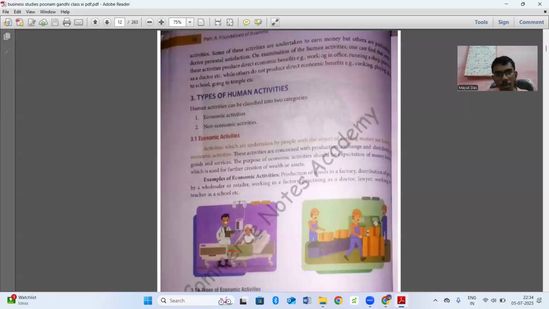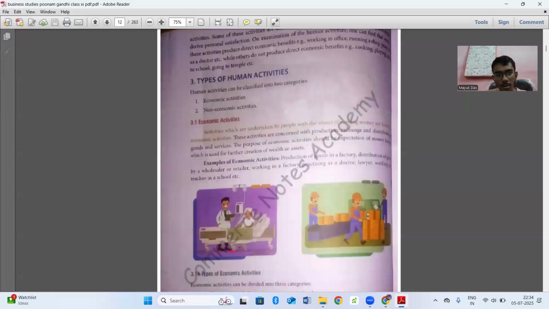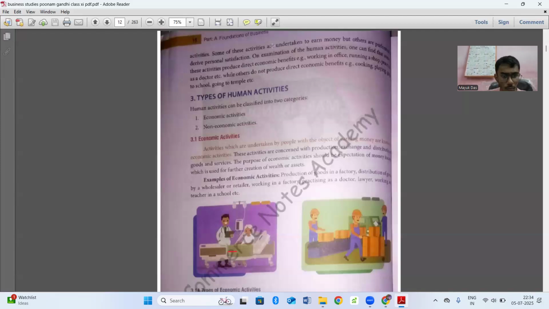Okay, now types of human activities. Human activities can be classified into two categories: economic activities and non-economic activities. Now what are economic activities? Activities undertaken by people with the object of earning profit are known as economic activities.